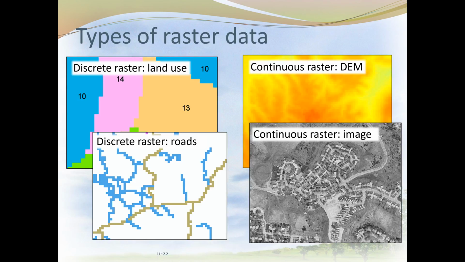Spatial data can come in 2 forms. The first one is discrete data, such as soil types or land use, which represent spatial objects and form distinct objects or regions on the map.